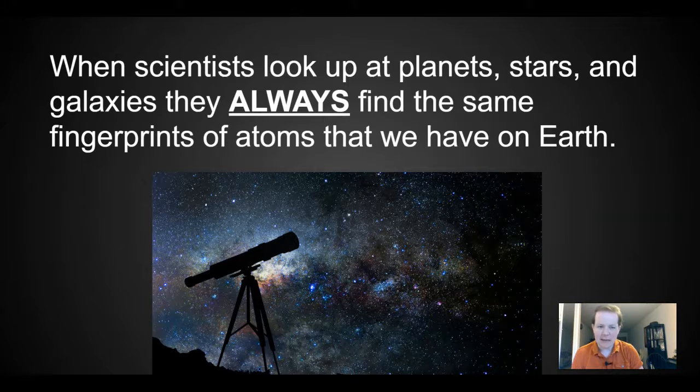That's very interesting. Whenever we look at something very far away, the light has the same fingerprints as the stuff around us, like your phone. Your phone is made of atoms. Those atoms have fingerprints of light. When we look up at a star, we might see the same fingerprints from the atoms that make up your phone, like carbon and silicon and hydrogen and calcium and carbon, hydrogen.